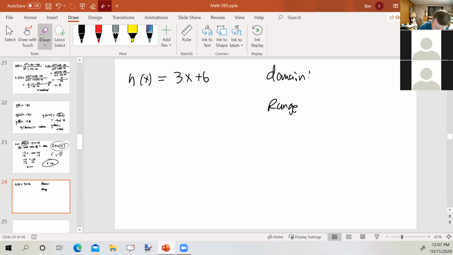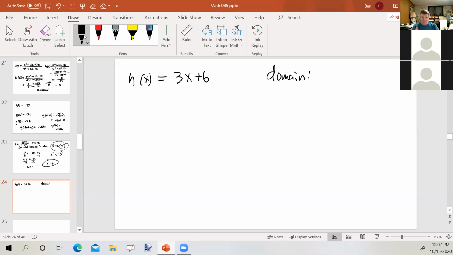We just want the domain. Hang on. There we go. Okay. The function h of x equals 3x plus 6. We want to know the domain. So rather than finding the domain, let's figure out what's not in the domain.